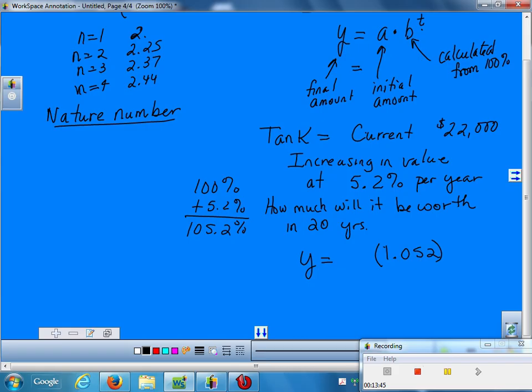Okay, now, what goes in the initial amount? The 22,000. Okay, and then what's your time? 20 years. Okay, and then you're going to go to your calculator and just punch it all in.